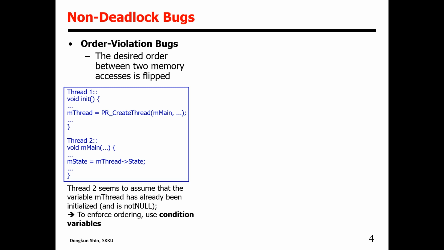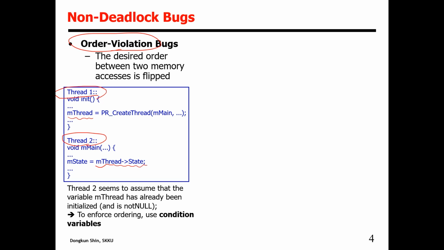Another common type of non-deadlock bug is the order violation bug. Here is another simple example with thread 1 and thread 2. Thread 1 creates mThread, and thread 2 accesses the thread state.